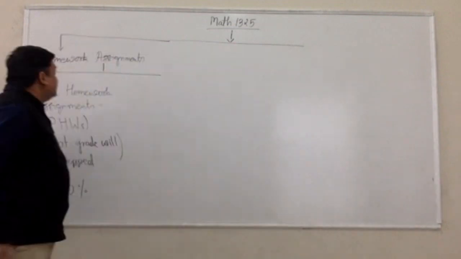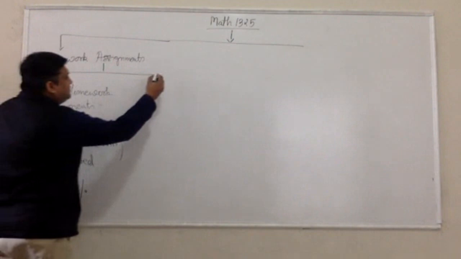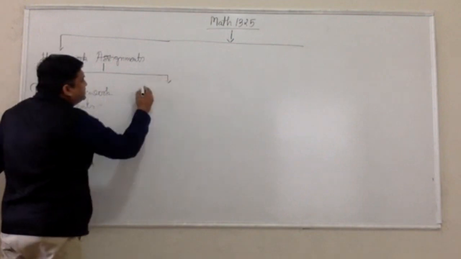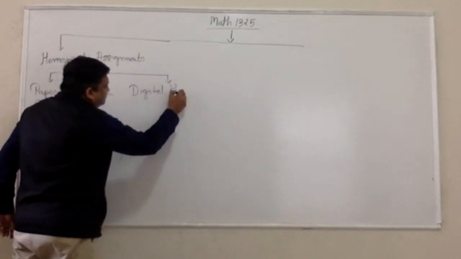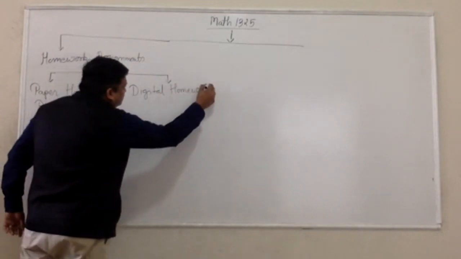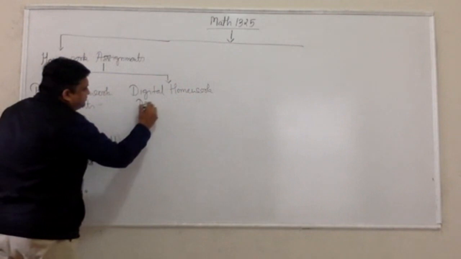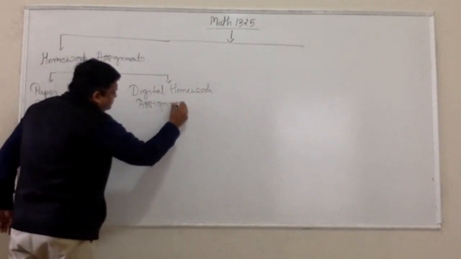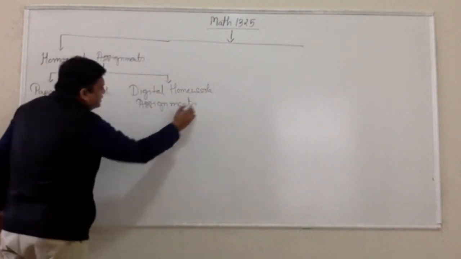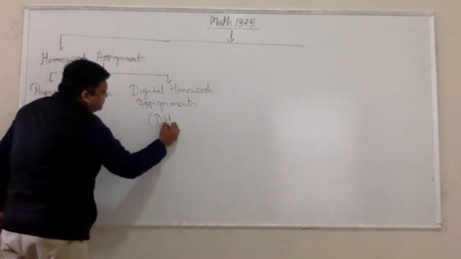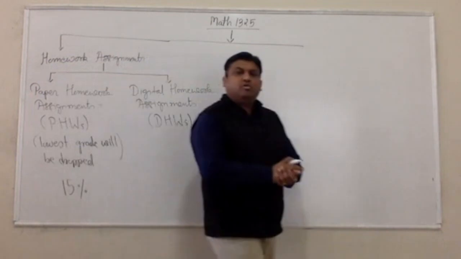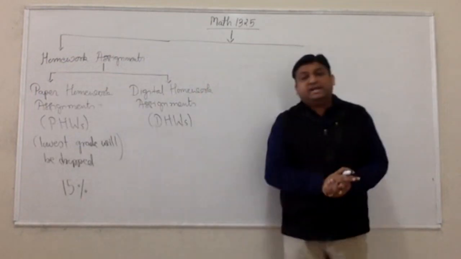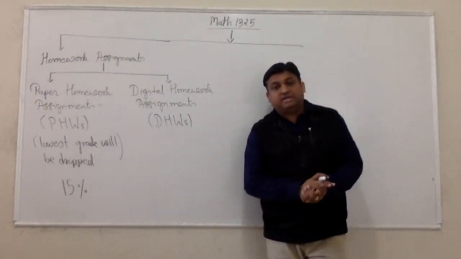Okay. The second type of homework assignment is called digital homework assignment. In short, we will be calling them DHWs. This is the set of homework that I'm planning to post on the third-party website called MyMathLab.